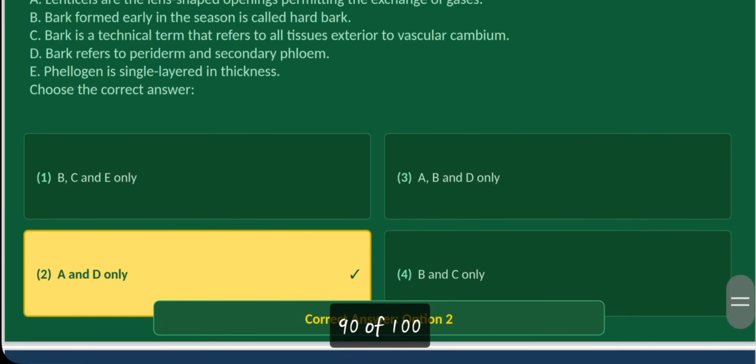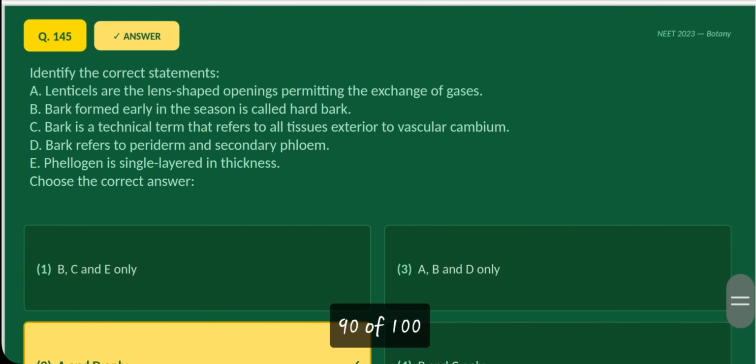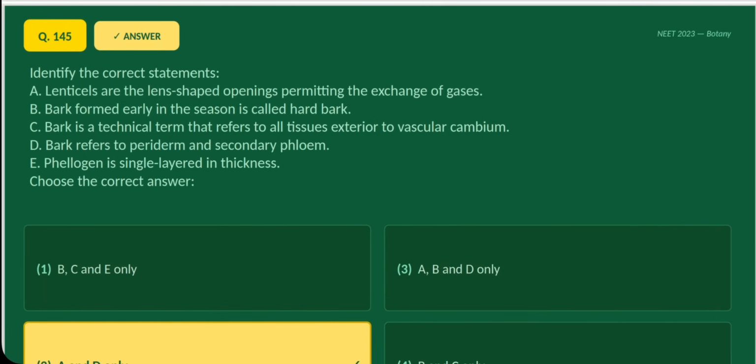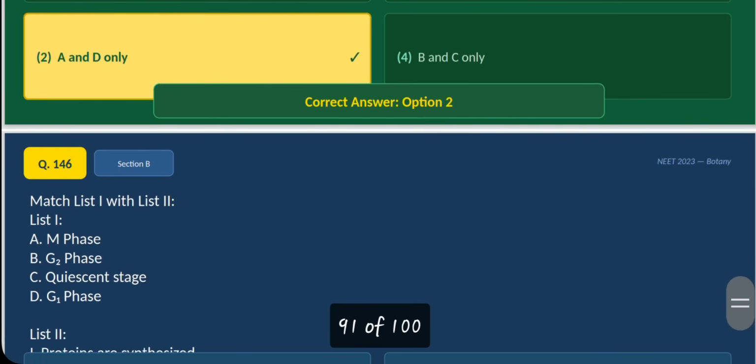Bark refers to periderm and secondary phloem. Bark is a technical term that refers to all tissues exterior to vascular cambium. So here only A and D are correct.